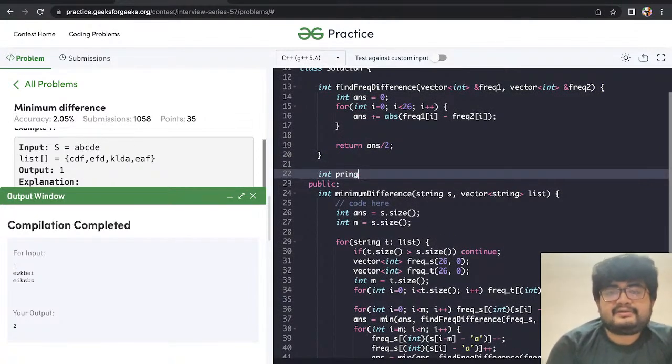Void print frequency. So let's just print the frequency table, right?